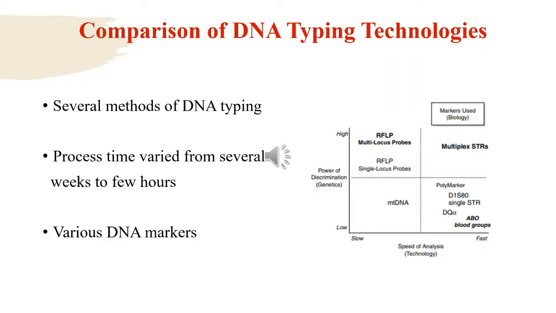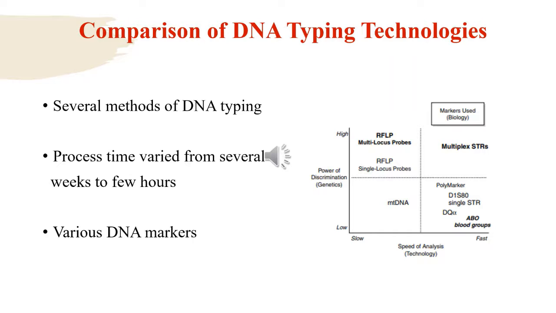Now it can be performed in very few hours. Techniques varied from single locus and multi-locus probe restriction fragment length polymorphism to the more recent polymerase chain reaction-based assays. A large blood stain with well-preserved DNA was required for a good DNA profile, but now tiny amounts of sample can yield a useful DNA profile.